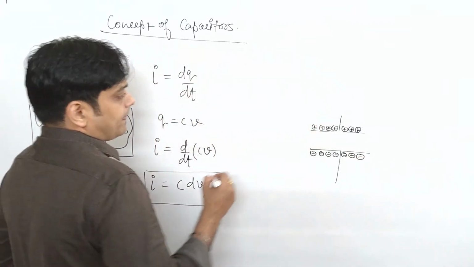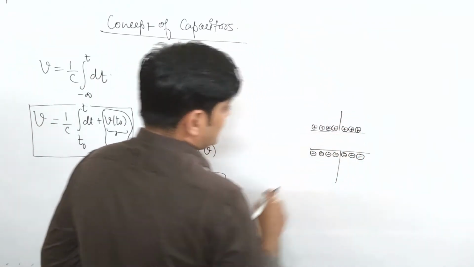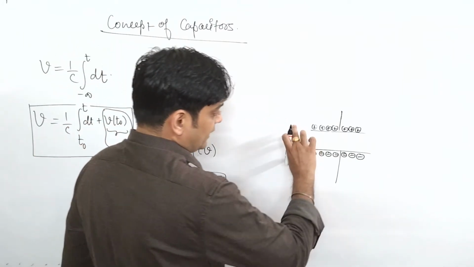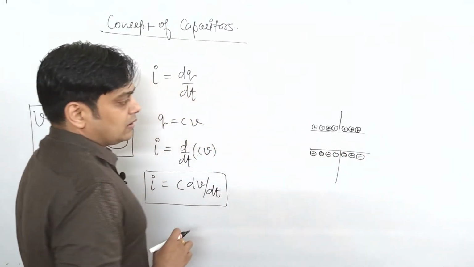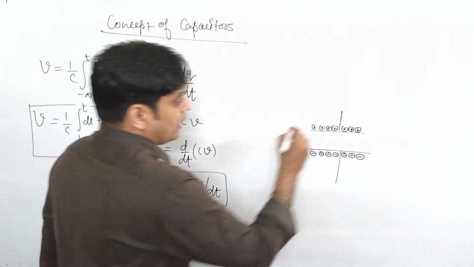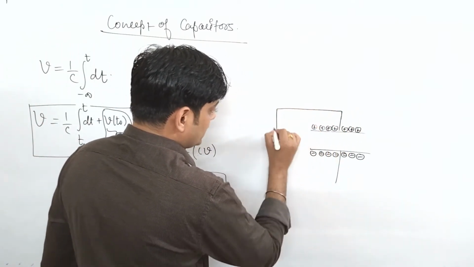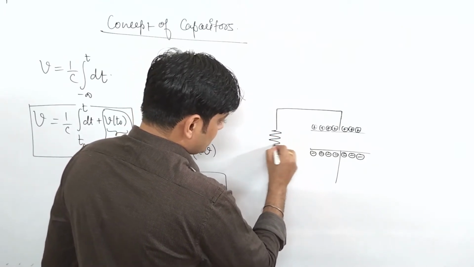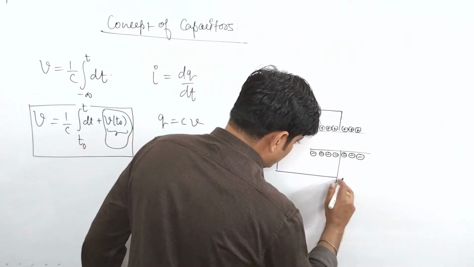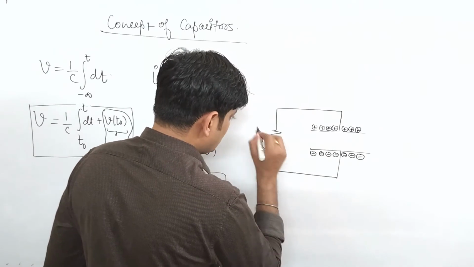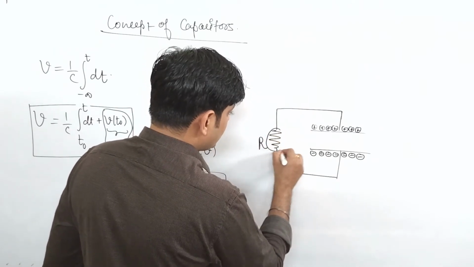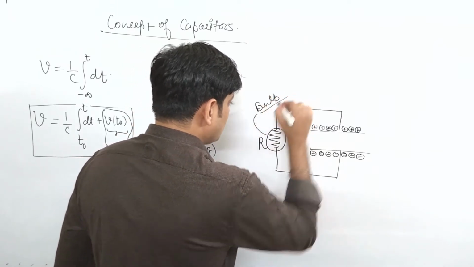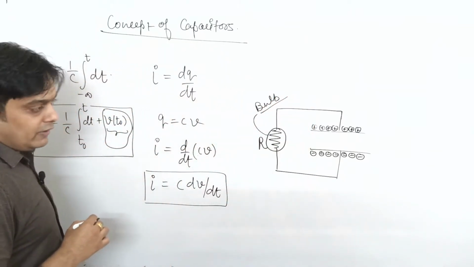Now what happened, unless a voltage is applied, when the voltage is applied, these plates get charged. And when you remove this voltage and connect some load resistance, say that load is R, or you can call it a bulb, what will happen?